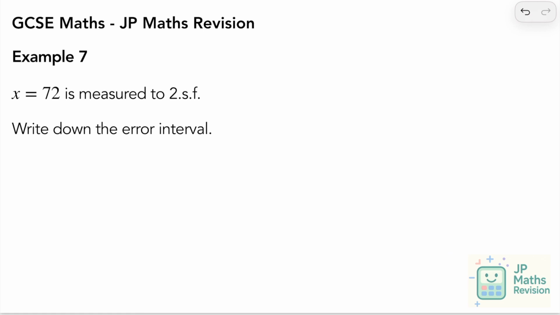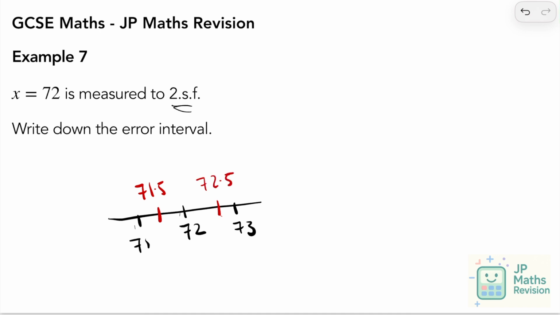This one, 72 is measured to two significant figures. So to two significant figures, we have 72, and then the two significant figure numbers either side are going to be 71 and 73. So the middle of 71 and 72 is 71.5, and the middle of 72 and 73 is 72.5. So this one's going to be 71.5 is less than or equal to X, and that is less than 72.5.